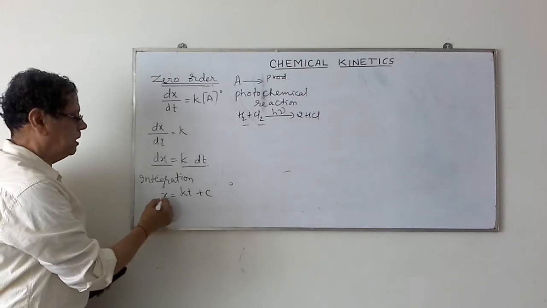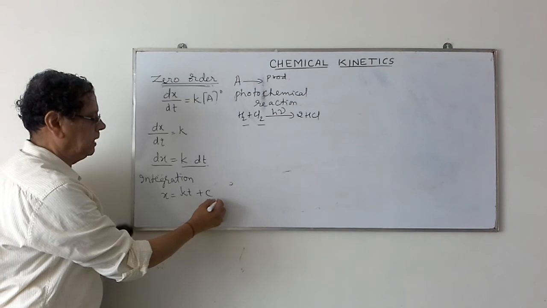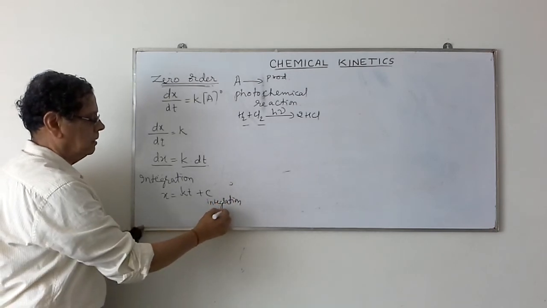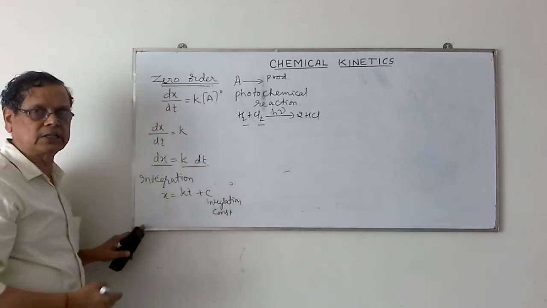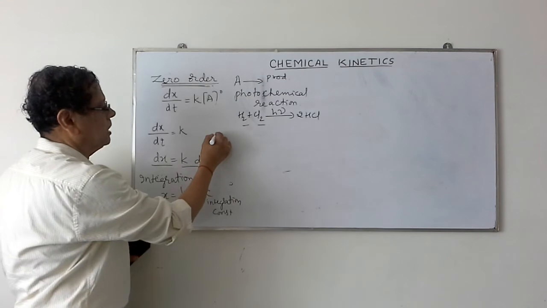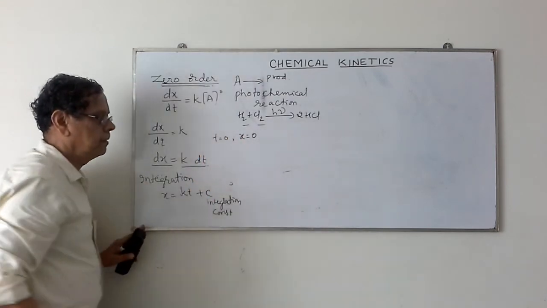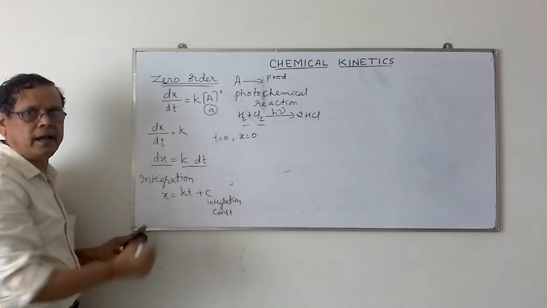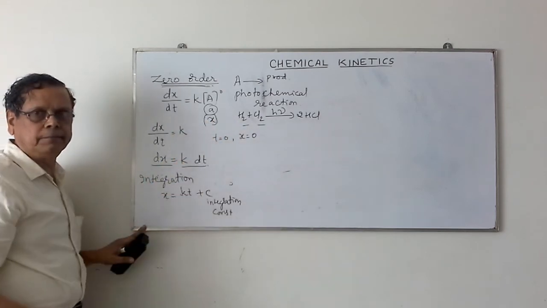Here this is called the integrated equation. This c is called the integration constant. To find out the integration constant, you have to go back to the initial state. When t is equal to 0, x will be equal to 0. Assume that we start with a certain initial concentration a and x is the amount of reactant converted to product.